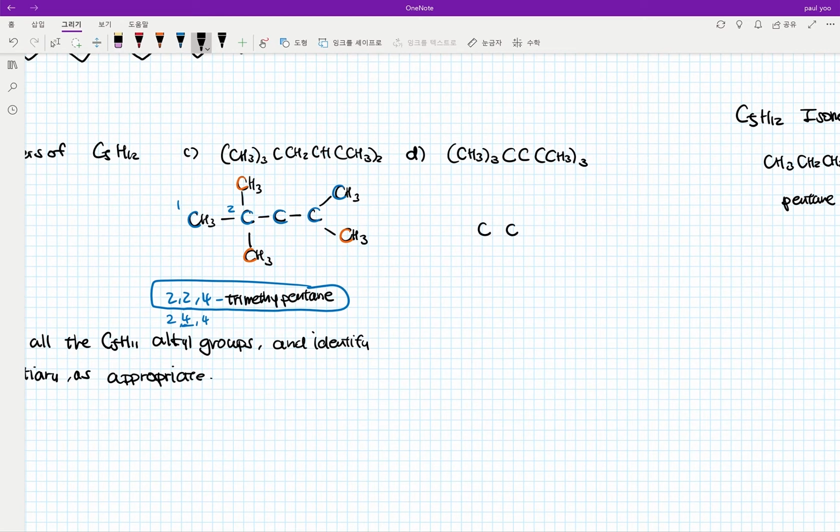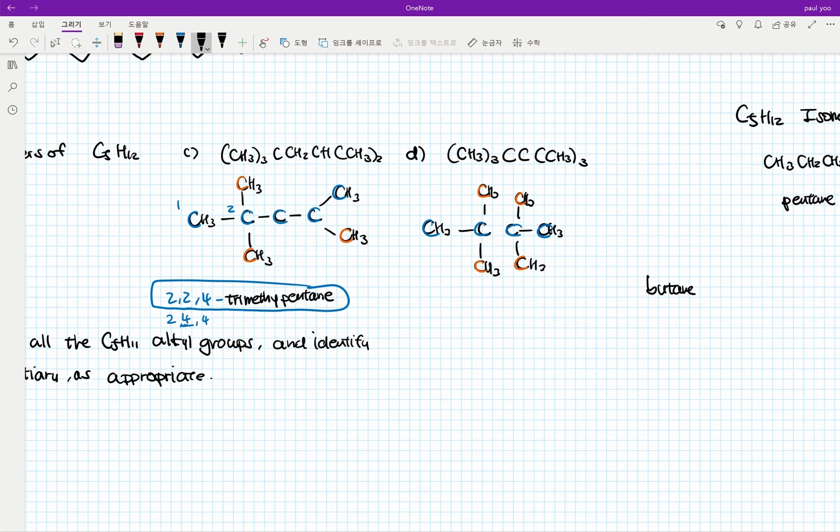C, C, CH3, CH3, CH3, CH3, CH3, CH3 has the longest chain of C, C, C, C. That's going to have a parent group of butane with 4 methyl groups.